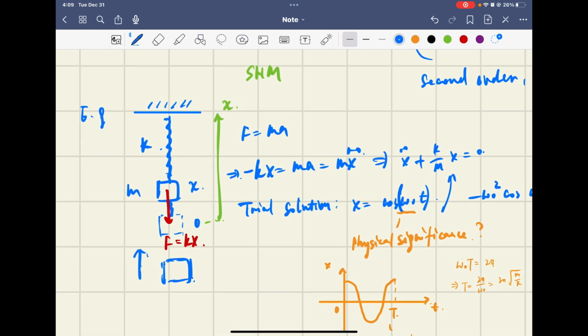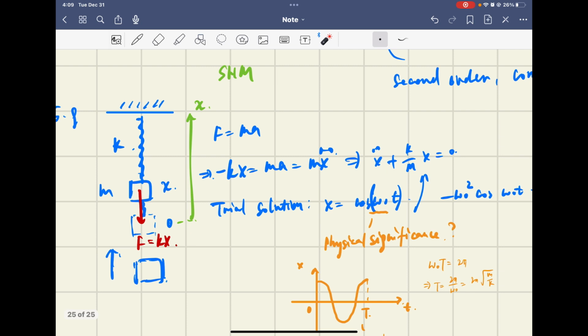So at the position 0 over here, the force exerted by the spring has already balanced the gravity of the block. Thus, when it was going up and down, the displacement of the block, which is denoted by x, will represent the extra force that contributes to its acceleration.